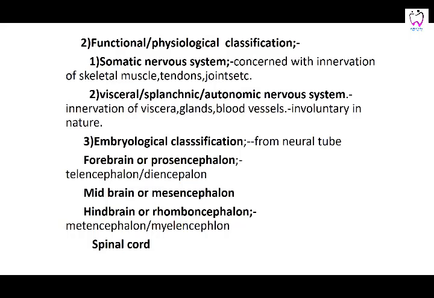The forebrain is called prosencephalon, the midbrain the mesencephalon, and the hindbrain the rhombencephalon. The rhombencephalon is further divided into metencephalon and myelencephalon, that is the pons and the medulla oblongata. And then you have the spinal cord. So according to the embryological origin, it can be divided into different parts.